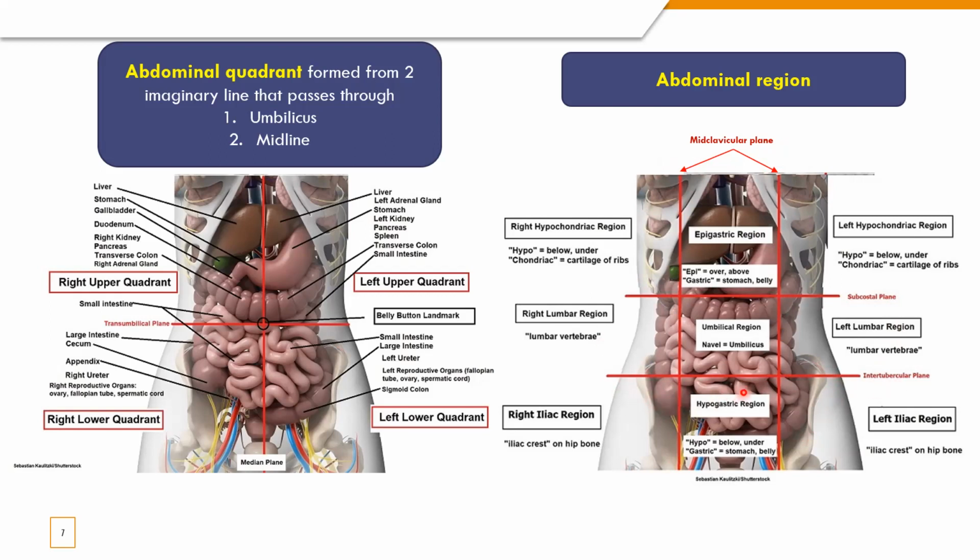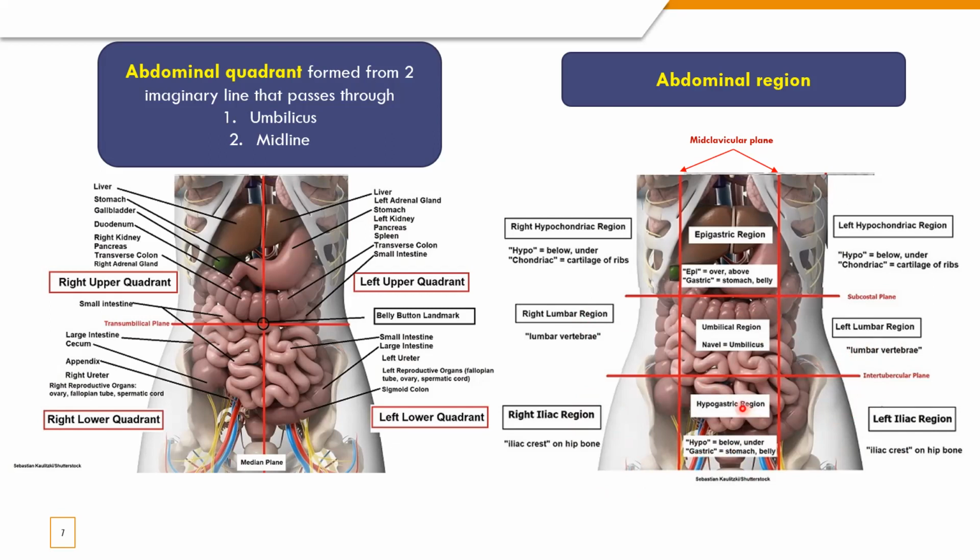So the 9 abdominal regions are: right hypochondriac region, epigastric region, left hypochondriac region, right lumbar region, left lumbar region, umbilical region, right iliac, left iliac, and hypogastric region.